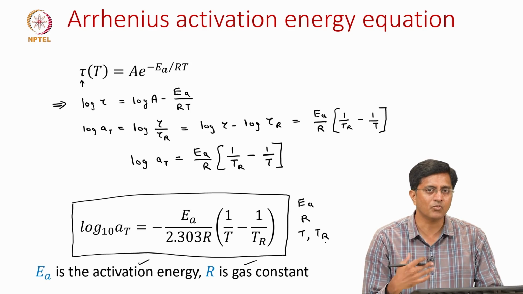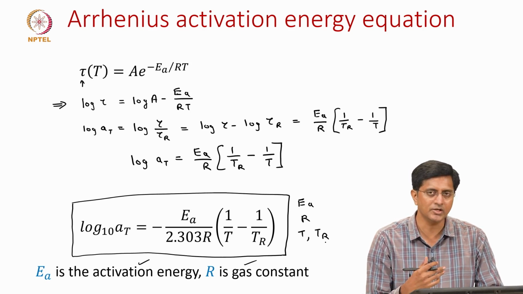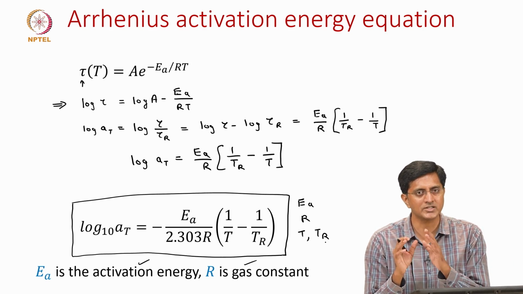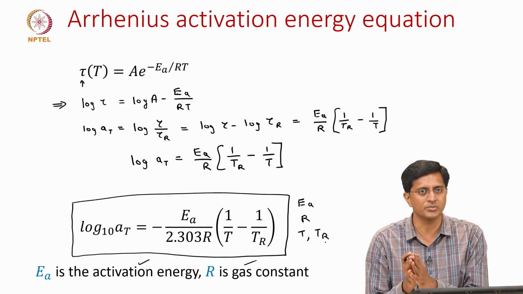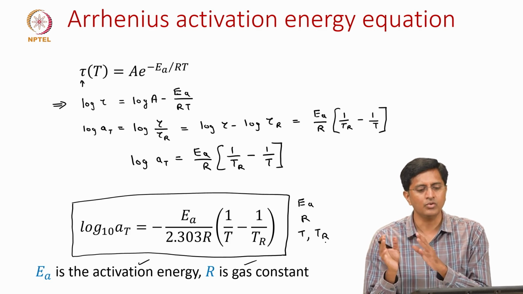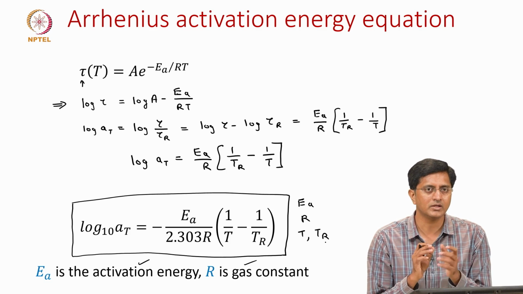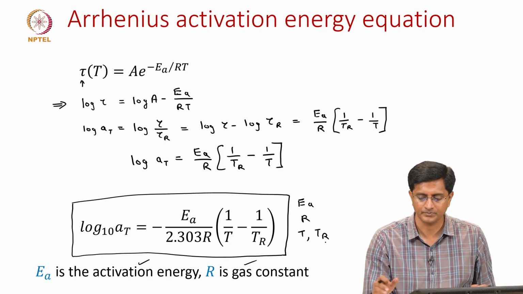Again, to recap, why are we studying this AT? Because once we know the shift factor and we also know a master curve at one reference temperature, with this shift factor I should be able to get a master curve at a new temperature T.